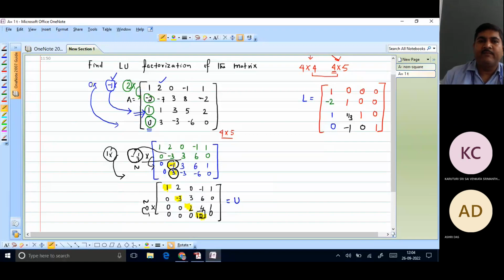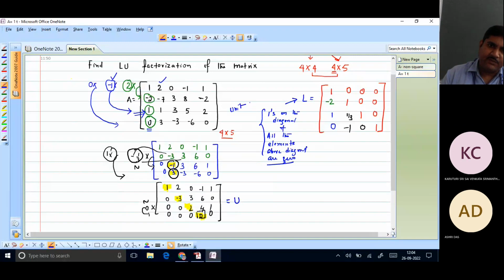And when you see L, what is the beauty of L? L has ones on the diagonal, and second thing, all the elements above the diagonal are 0. So what type of matrix is this? Unit lower triangular matrix.